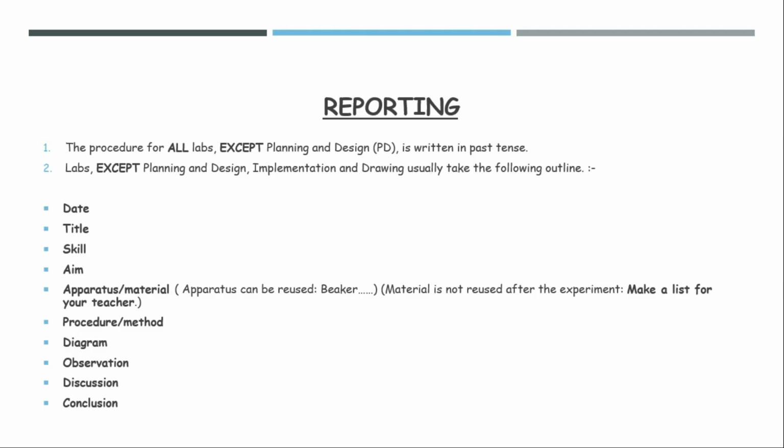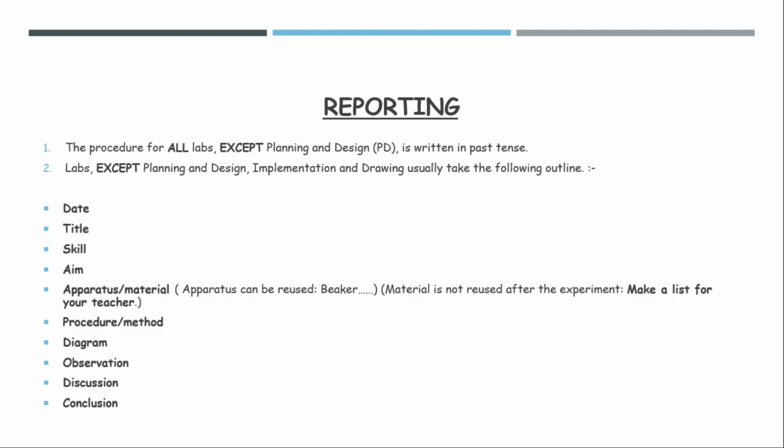Now your aim is going to be that which you intend to find out. Your apparatus and material. A lot of students become confused with these two words. Apparatus refers to those things in the lab that are reused or can be reused.